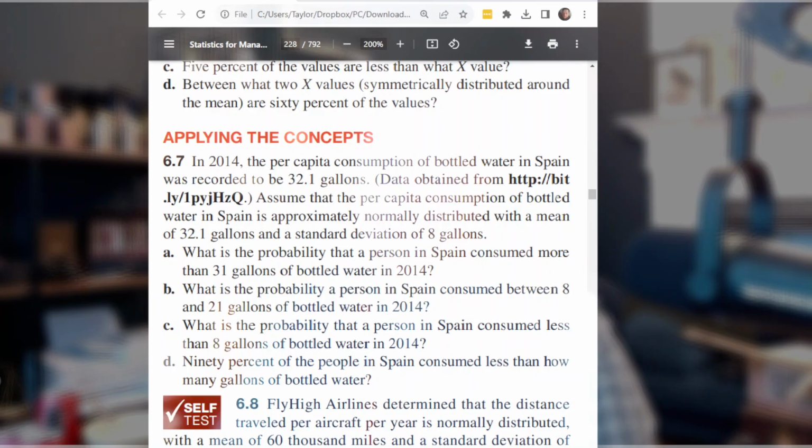Okay. So I'm going to set that off to the side. Let's write out the information that we got. We know that the mean was 32.1 gallons. He just gave that to us. And the standard deviation is 8 gallons.